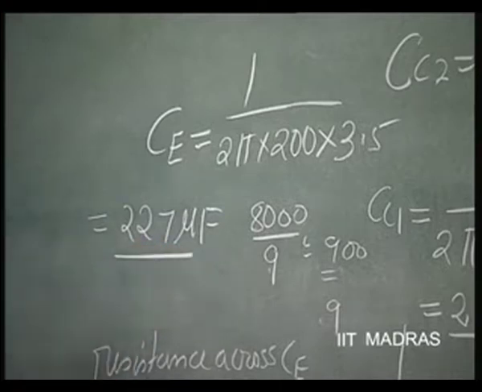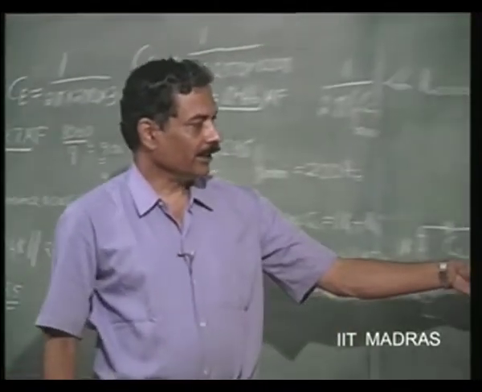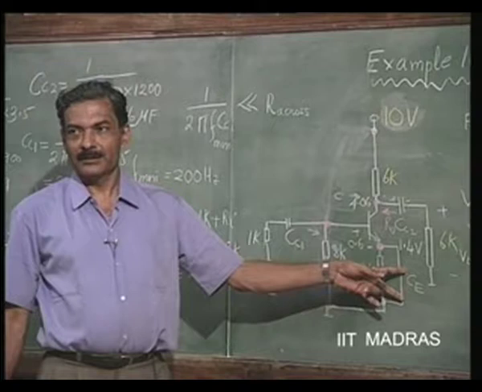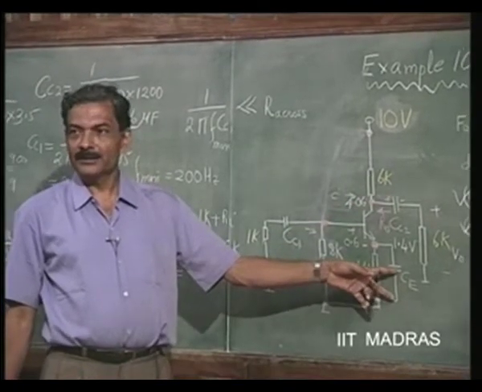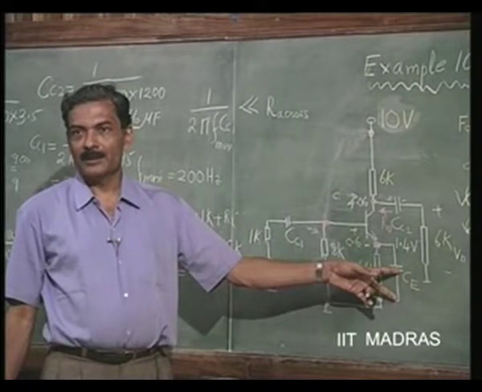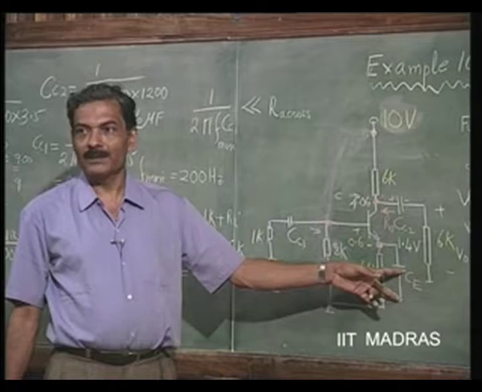You will see that in a typical design, it is the highest capacitor that is costlier than the other capacitors. So, this is the one which determines really what is called as lower cutoff frequency.